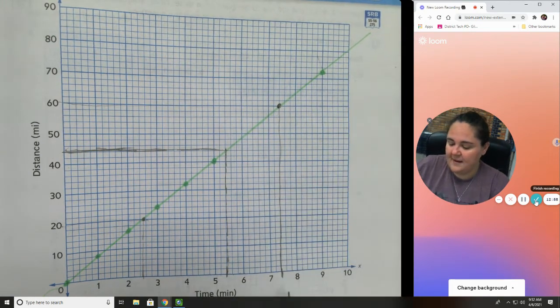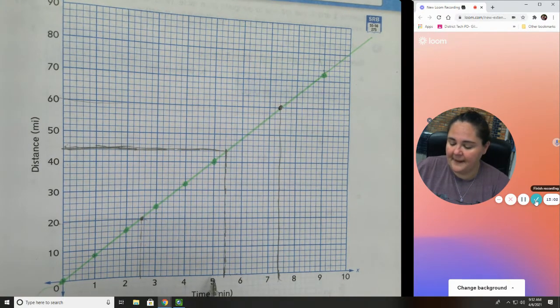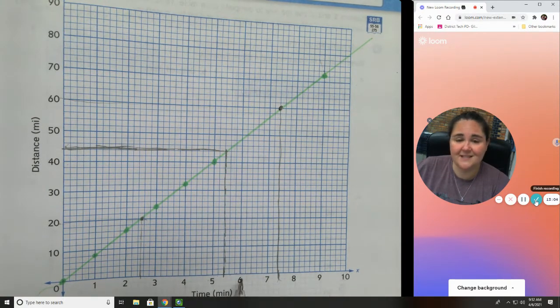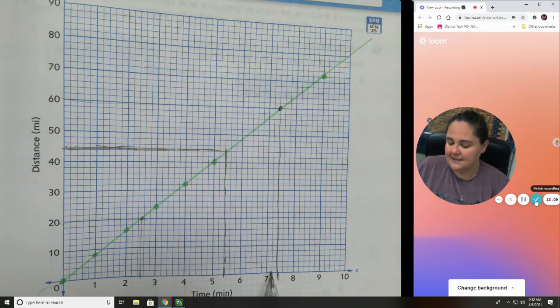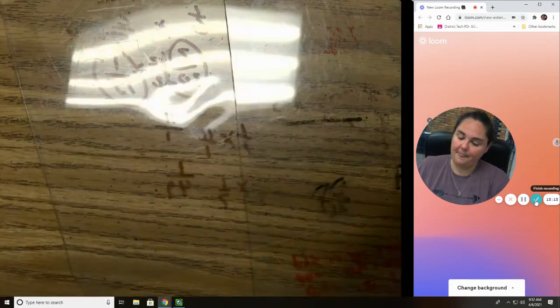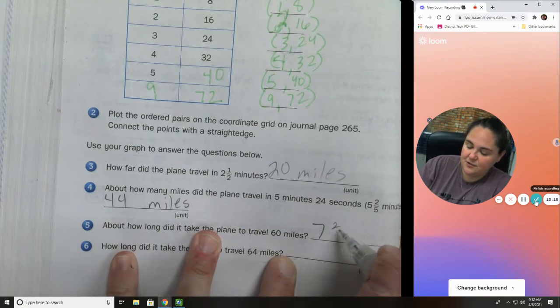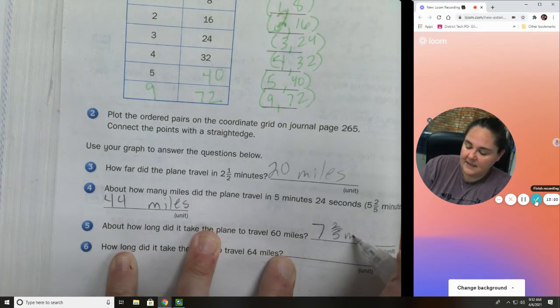We're about right here. Now, I learned from this one that my numbers between 5 and 6 is cut into fifths. So technically, this is 7 1/5, 7 2/5 of a minute. So your answer for this one would be 7 2/5 of a minute.